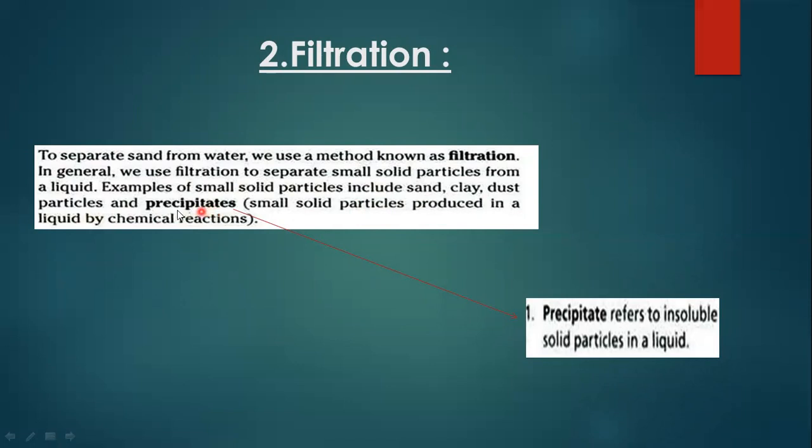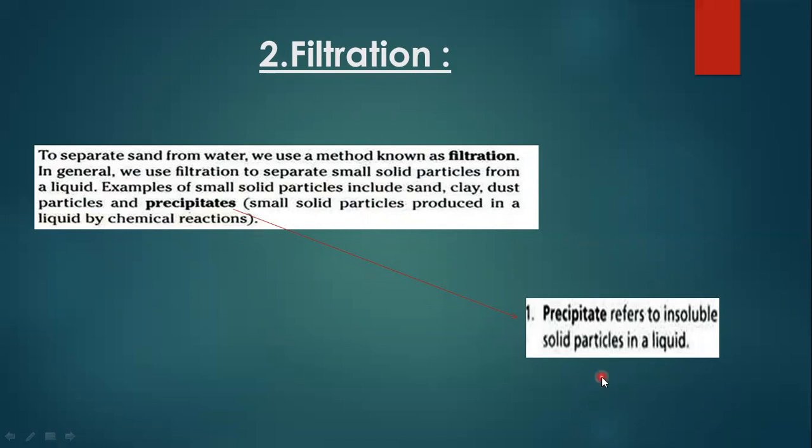And here we discuss the point of precipitates. What are precipitates? These are small solid particles which can be produced in a liquid by a chemical reaction. So if in a chemical reaction some solid particles are produced that are not soluble in that liquid, produced as a result of the chemical reaction, these particles are known as precipitates.